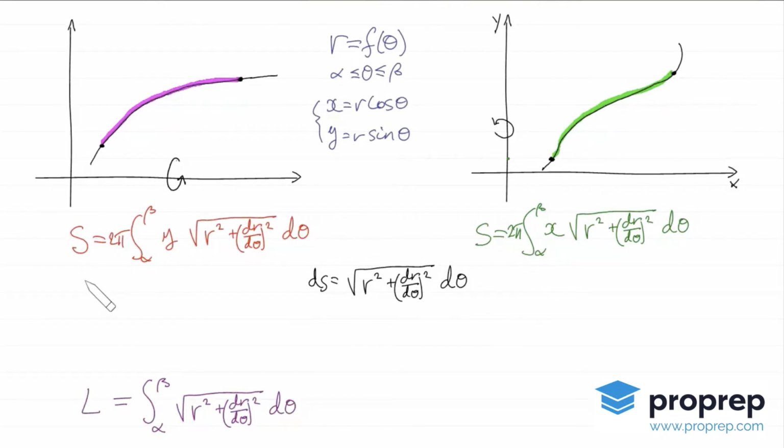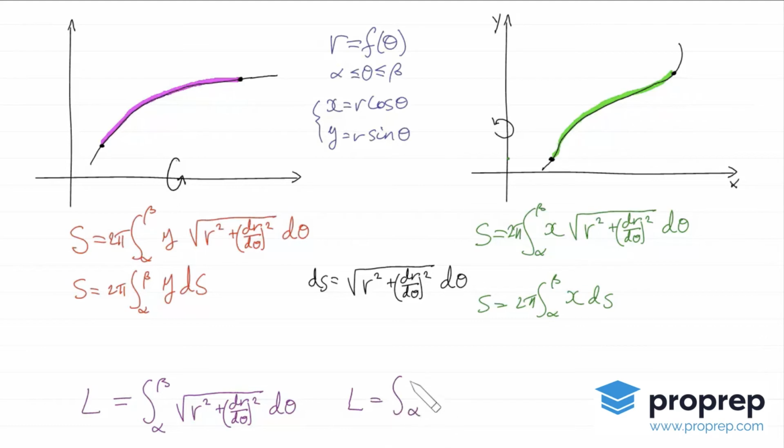This one becomes S equals 2 pi times the integral from alpha to beta of y ds. This one becomes S equals 2 pi times the integral from alpha to beta of x ds. And this one becomes L equals the integral from alpha to beta of ds.